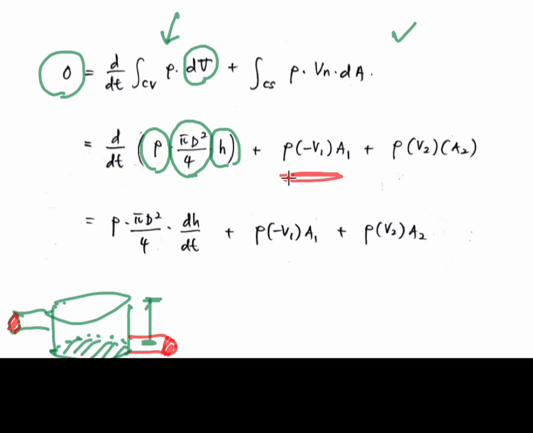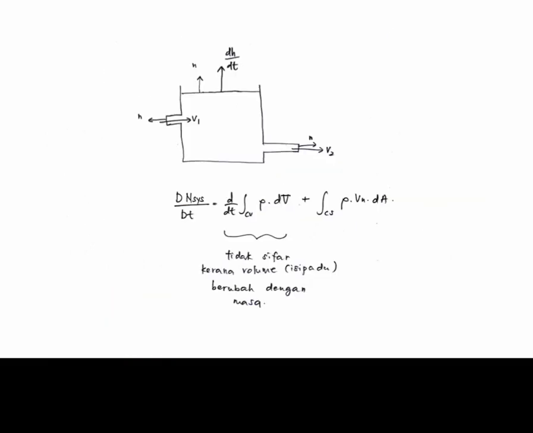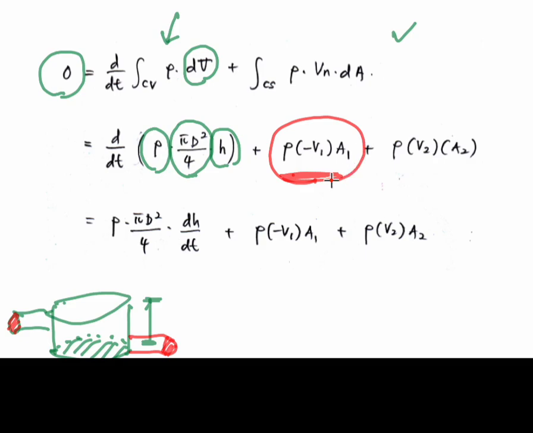At the inlet, the velocity v1 is in the opposite direction to vector n, so we need to put a negative sign for this velocity. The velocity for the outlet remains with a positive sign. Then we can write all these parameters.